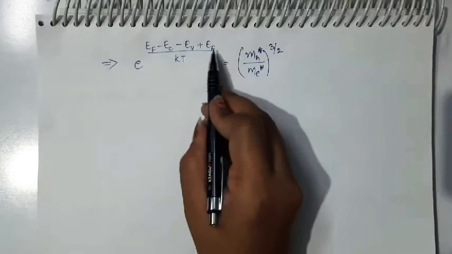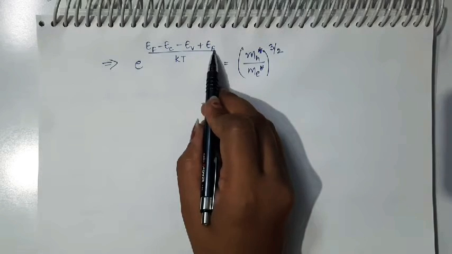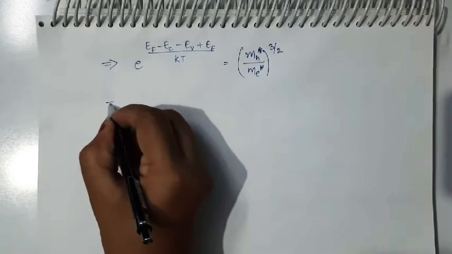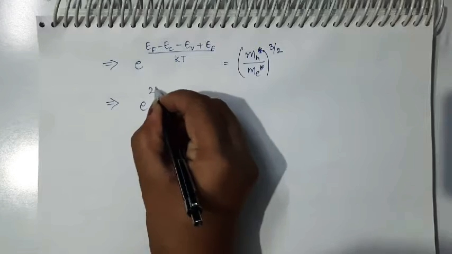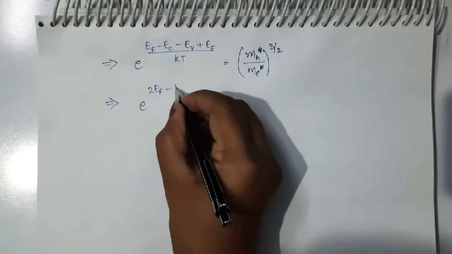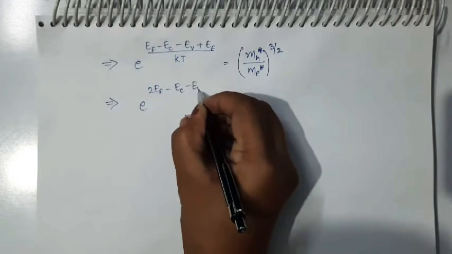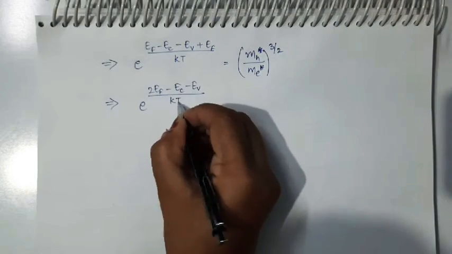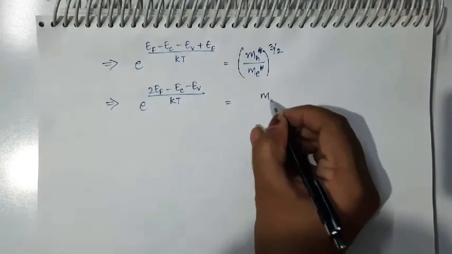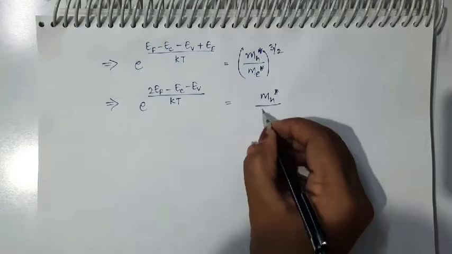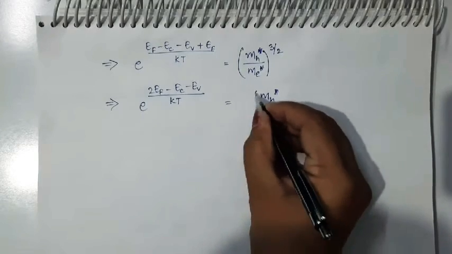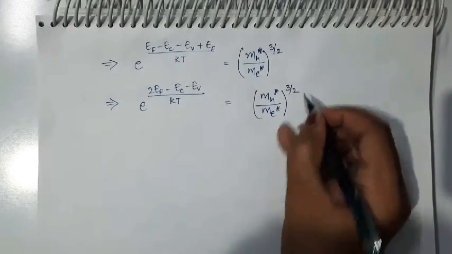Here this EF plus EF will become 2EF. So e raised to power 2EF minus EC minus EV upon KT is equal to MH star upon ME star raised to power 3 by 2.